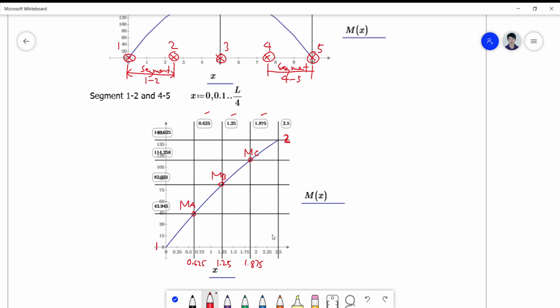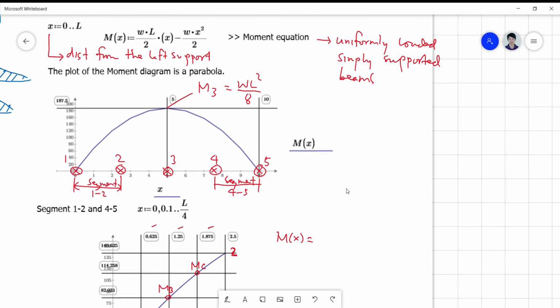Okay, so I divide it into 4, and I just plug it on the equation M x. Let's say M at x is equal to WL over 2.